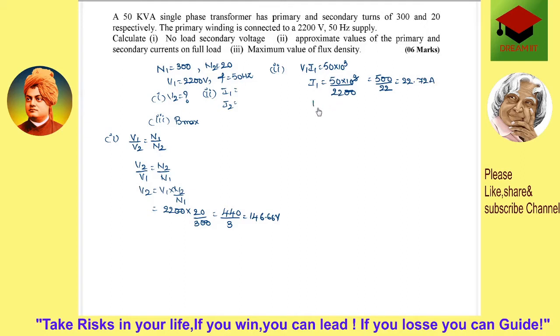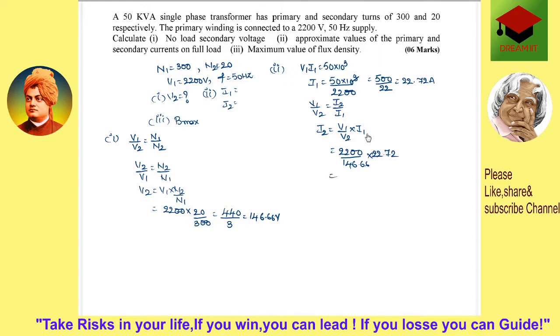And the secondary current: you have the ratio V1 by V2 is equal to I2 by I1. Now I want the I2 value, that is V1 by V2 into I1. The V1 value is given as 2200 volts, and V2 you got as 146.66, and I1 is 22.72.